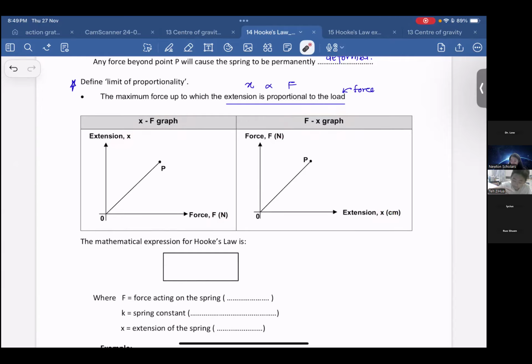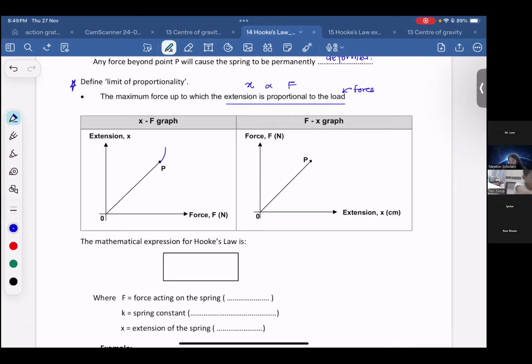That will be different. For the part after point P, I told you just now, small force, your spring can extend a lot. So you will be curved towards your x. So for the first diagram, curve towards your x. It's already spoiled. Small force, it extends a lot.